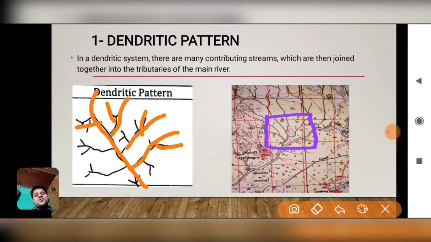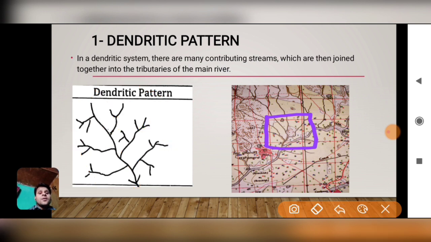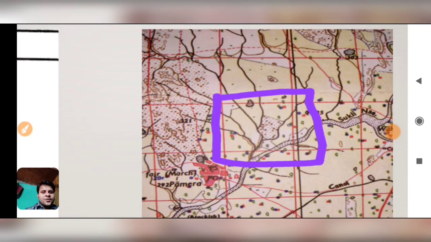And this is a tree-like structure. When this type of structure is found, this pattern is known as the dendritic drainage pattern. In the topographical maps, you can see this type of drainage pattern representing the dendritic drainage pattern.